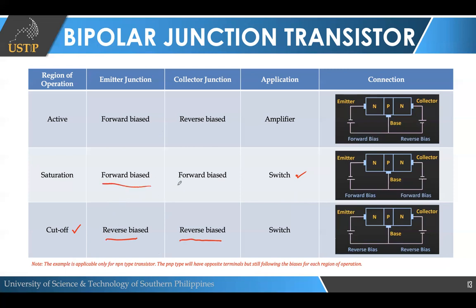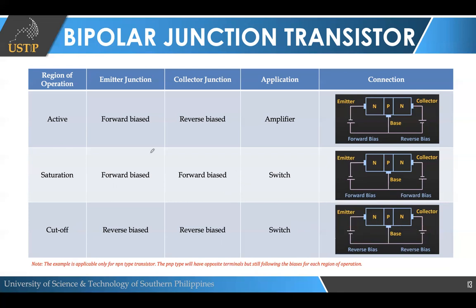Naka-forward na, ang cutoff nato is reverse. So still it will work as a switch but naka-off nga switch. Okay? Kaganina forward man, so karon ato na siyang i-reverse. So balihon na nato class, naka-reverse. Okay? Ang N connected sa positive, ang N connected sa positive. So reverse bias na siya.